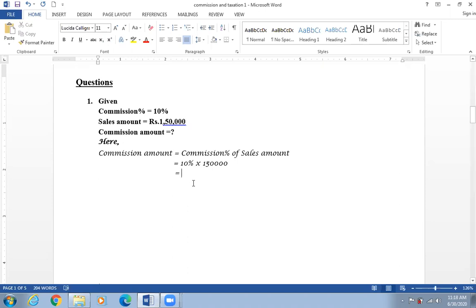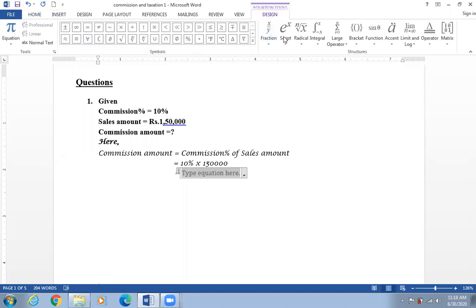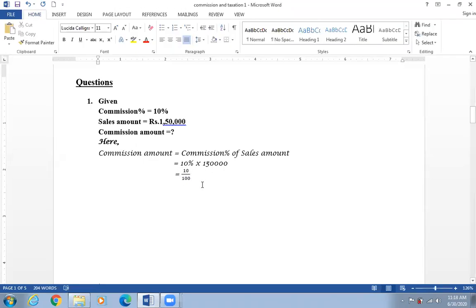Now after that, 10% means 10 divided by 100. So it is going to be 10 divided by 100 into 1,50,000.